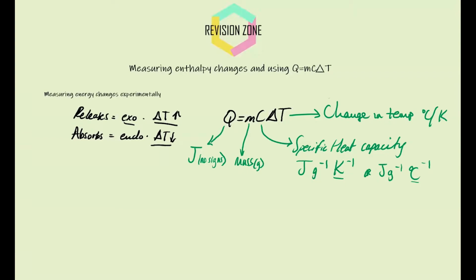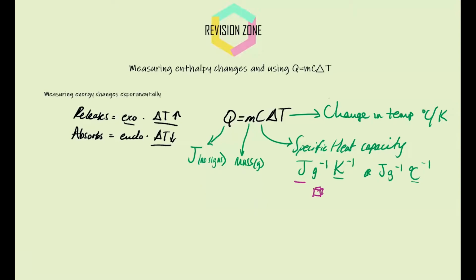Now going back to specific heat capacity, if we look at the definition, the unit is joules per gram per Kelvin. It's basically a measure of how much energy is required to move 1 gram of substance up by 1 degree Celsius or 1 Kelvin.